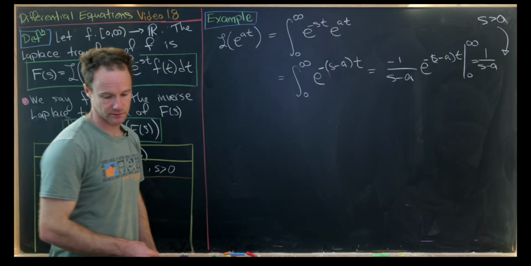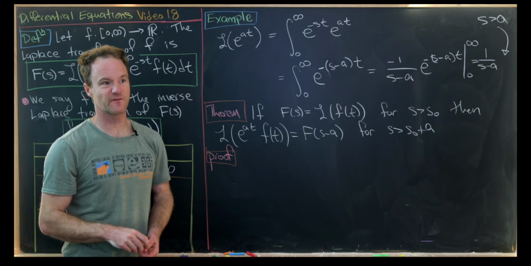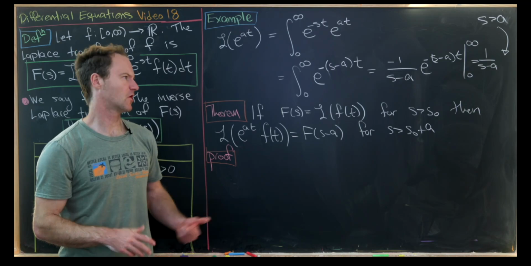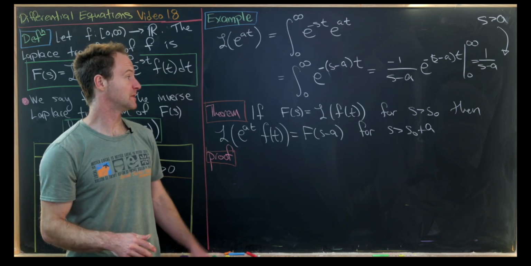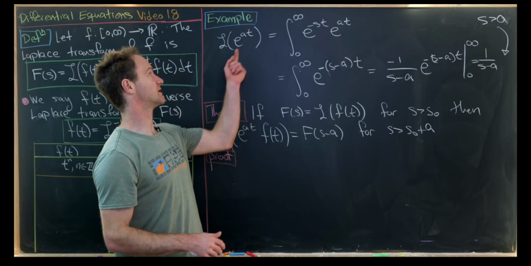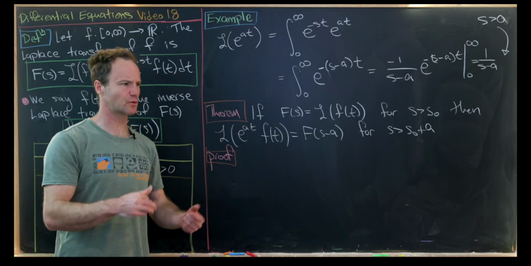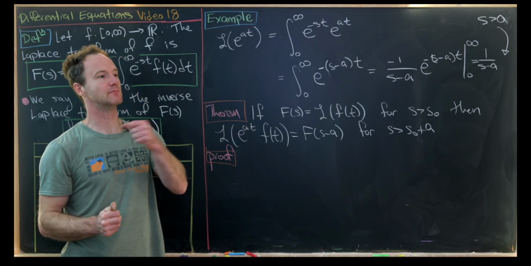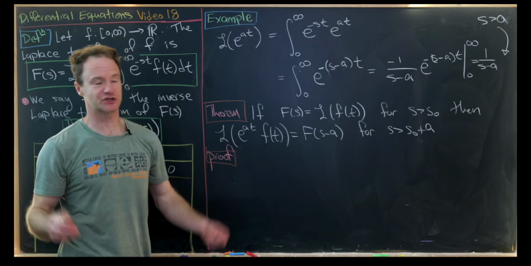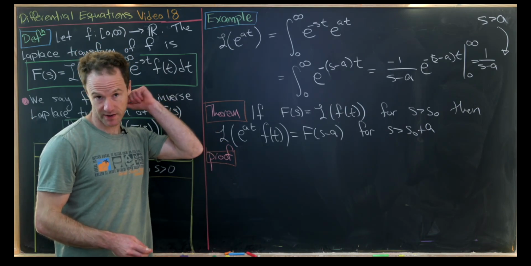Okay, so we'll add that to our chart over here, but before we do that, let's do a theorem that's related to this example. So the theorem we'll look at is sometimes called the first shifting theorem, or maybe the first shifting lemma, and it relates to this Laplace transform of the exponential function when that exponential function is being multiplied into maybe an arbitrary function. Okay, let's see what we've got.